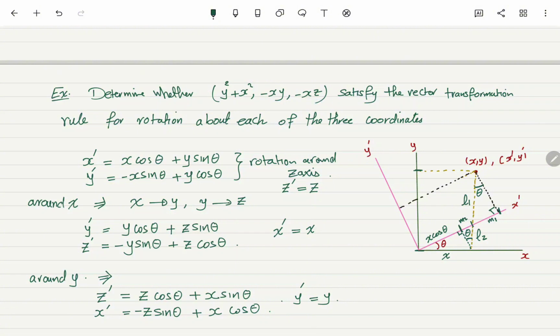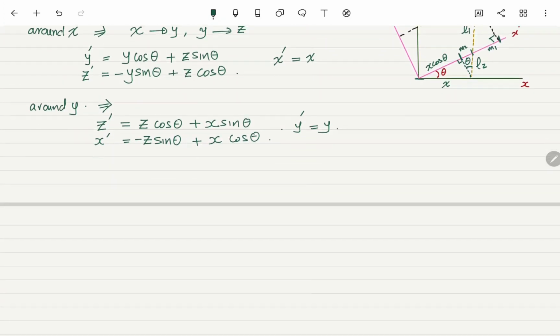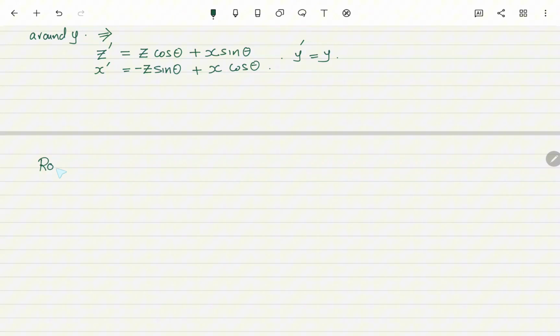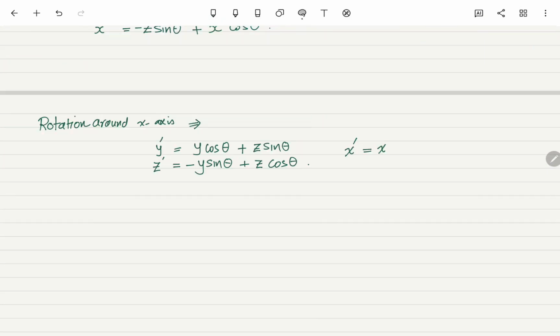Let's start with rotation around the x-axis, and this is the transformation rules around the x-axis. ax equal to y square plus x square, ay equal to minus xy, and az equal to minus xz.